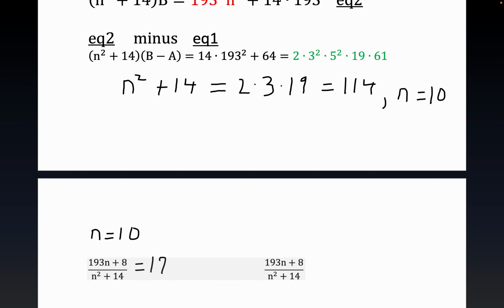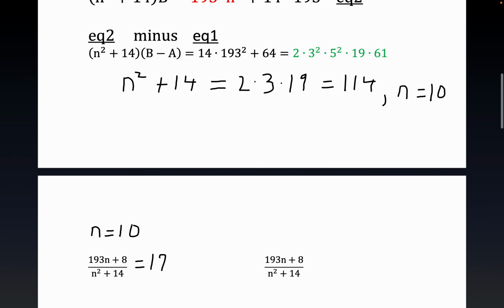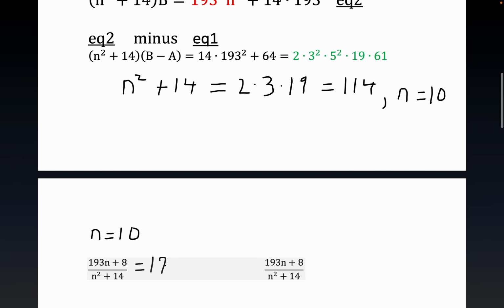Let's do the calculations: 1930 plus 208 plus 114. I think that's right. I don't have my calculation, but I'm pretty sure that's what I got. So for n equals 10, that evaluates to 17.